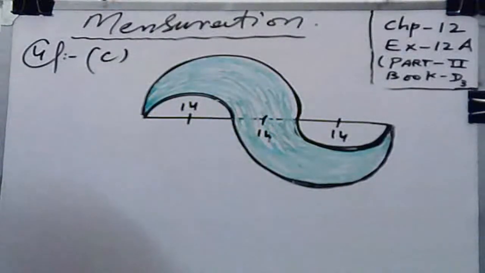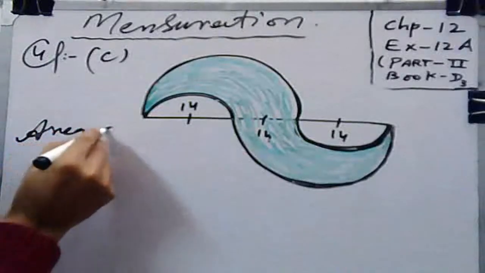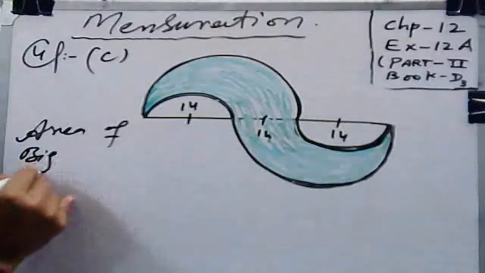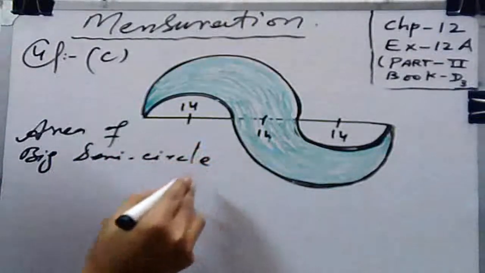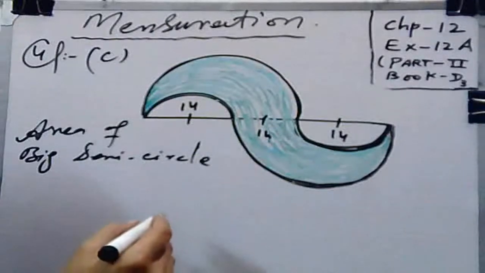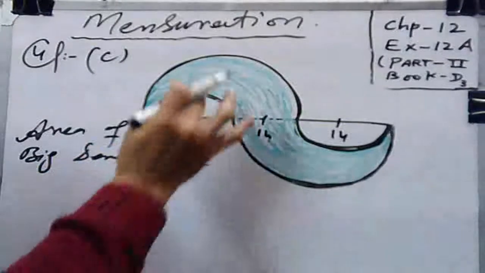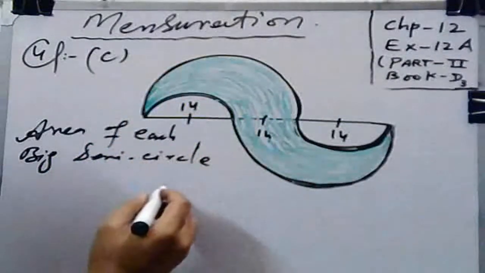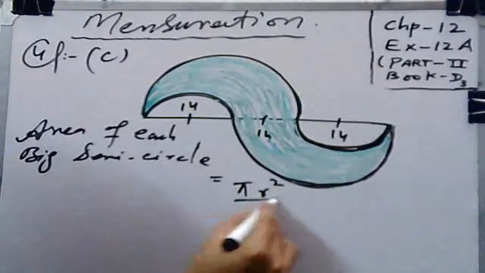First of all, the area of big semicircle is equal to, because we have two, each semicircle is equal to pi r square divided by 2.